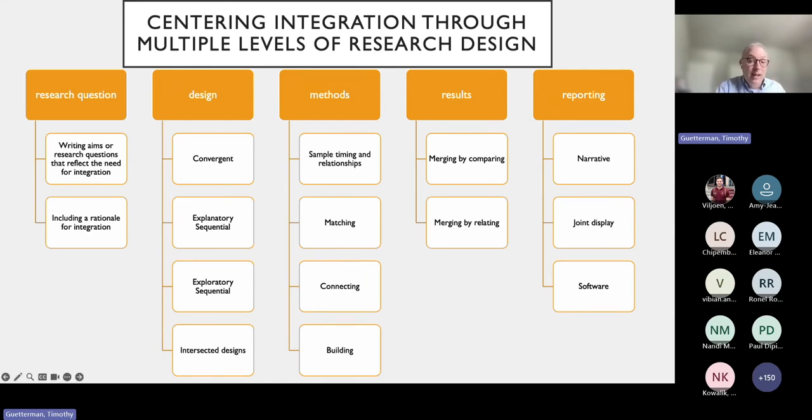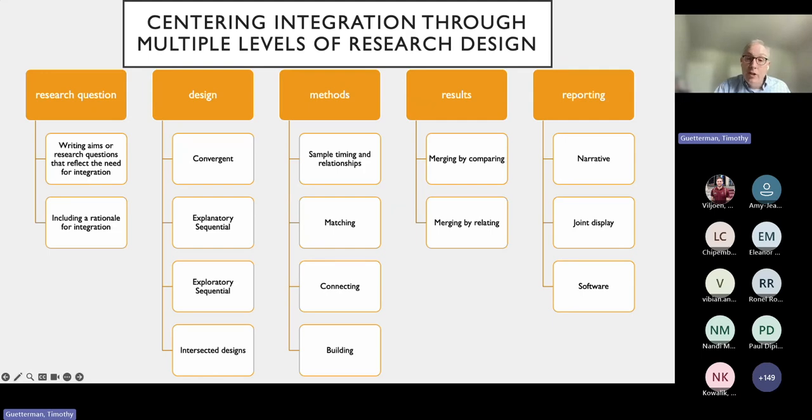We've talked about the design level, focusing on convergent, explanatory sequential, and exploratory sequential designs, though I also mentioned intersected designs. We've talked about methods level integration, so really bringing together those procedures, whether it's sampling or matching your data sources, connecting using one form of research to plan the sample for the other, building using one form of research to plan data collection for the other.